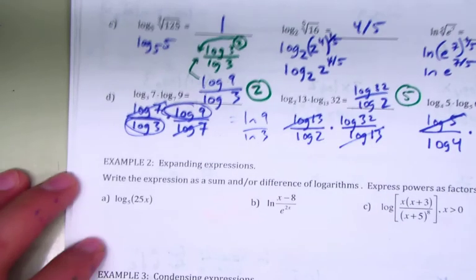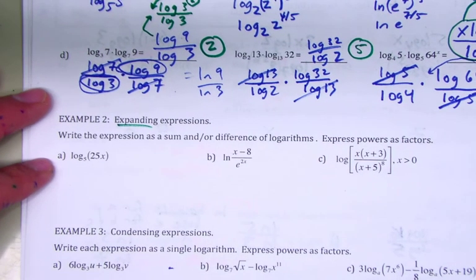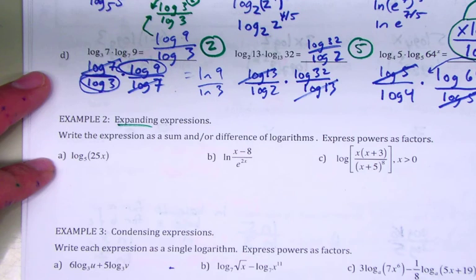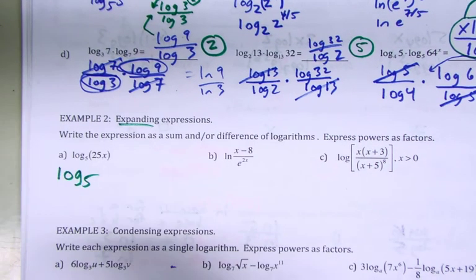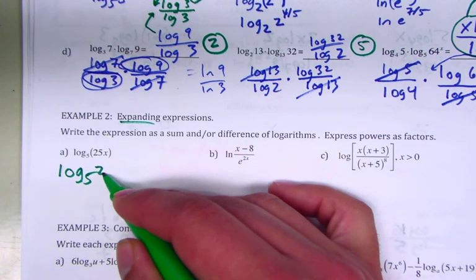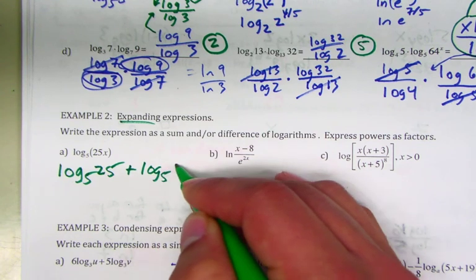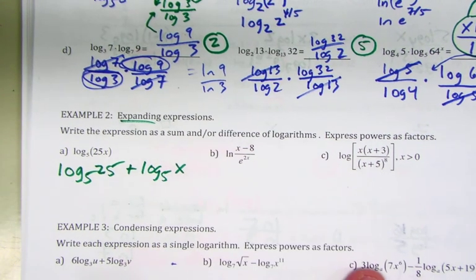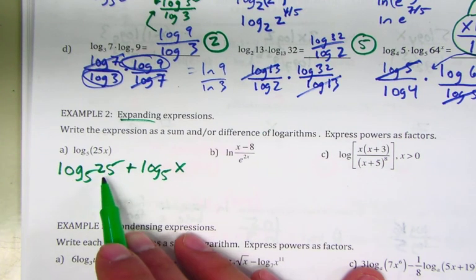All right, so now we're going to be expanding again. Log base 5 of 25 plus log base 5 of x. You see what we're adding here? What base is 25?